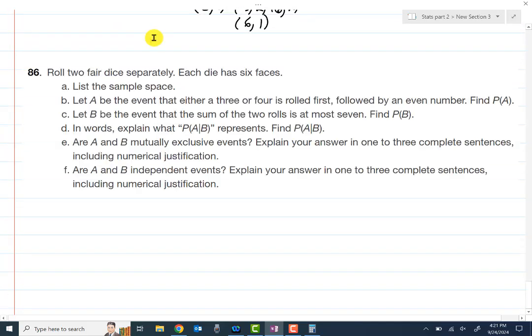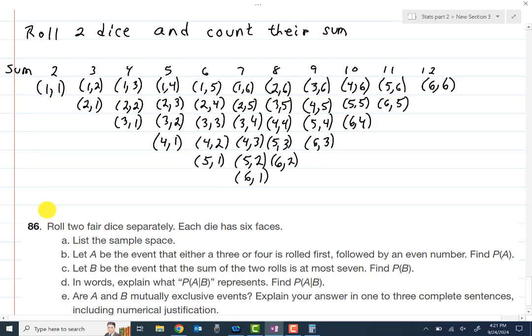All right, so let's list this sample space. Well, the sample space is right up there. Here it is. There's 36 possibilities here. Check this out. The most probable thing that can happen is that you roll a 7, which is good because that wins. These numbers here, here, and here, if you add them all up, you'll see that there's a total of 36 numbers.